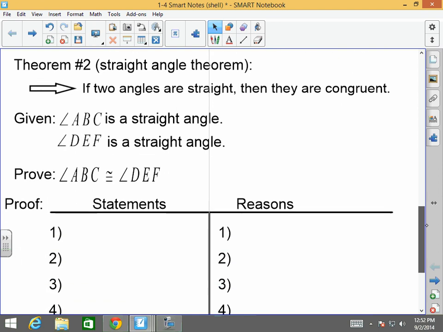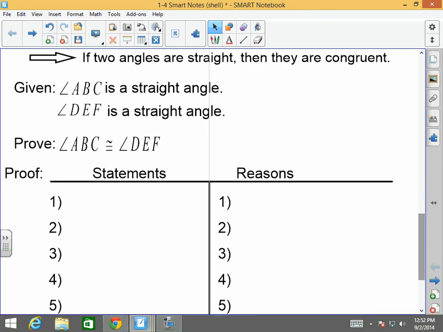Let's look at our next proof then. Angle ABC is a straight angle, and angle DEF is a straight angle. I want you to prove that angle ABC is congruent to angle DEF. So sometimes they don't give you a drawing.